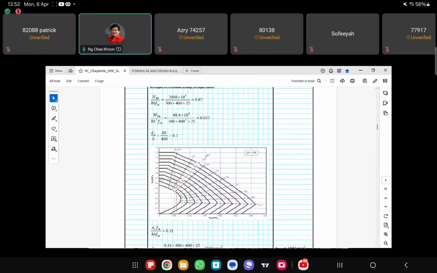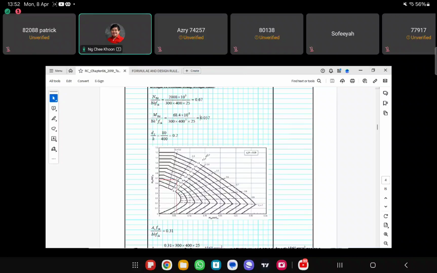So this point is between 0.3 and 0.4, isn't it? So these 0.3 and 0.4 values are the As fyk over bh fck, right? So meaning that from 0.3 to 0.4, imagine that you have 10 lines in between.